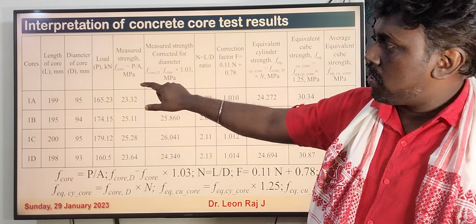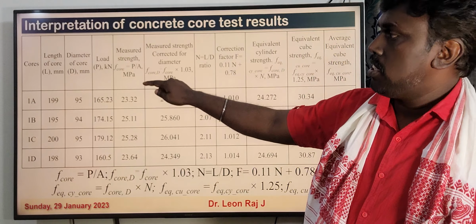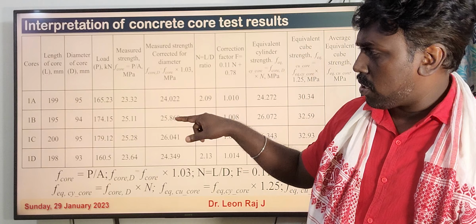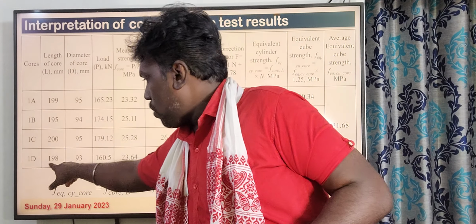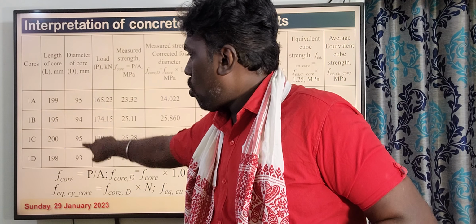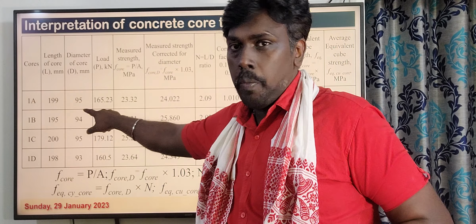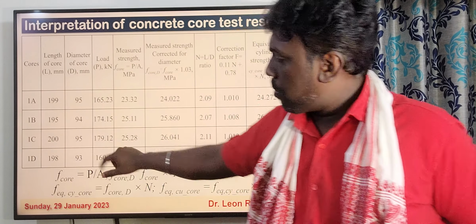Then the length of the core is 199 mm for 1A, for 1B 195 mm, for 1C it is 200 mm, for 1D it is 190 mm. This is the length of the core, and the diameter of the core: 1A is 95 mm, 1B is 94 mm, 1C is 95 mm and 1D is 93 mm.